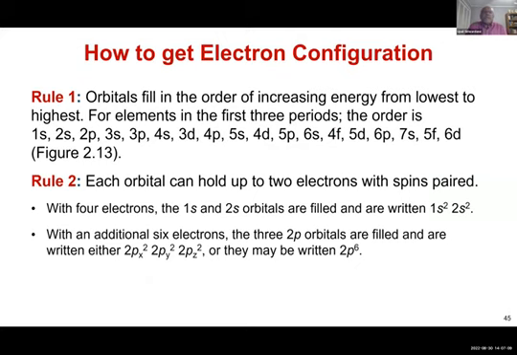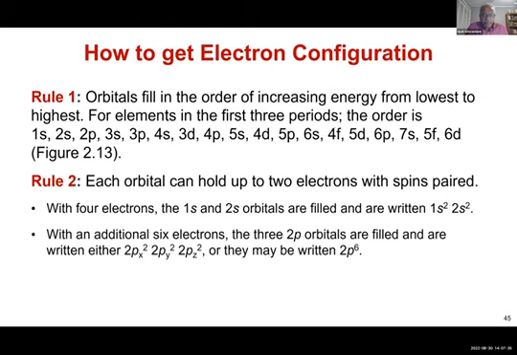So now let's summarize this. How to get electronic configuration. Orbitals in the order of increasing energy from lowest to highest are used. For elements in the periodic table, visually we went through that order.